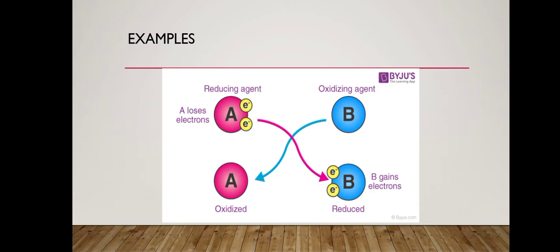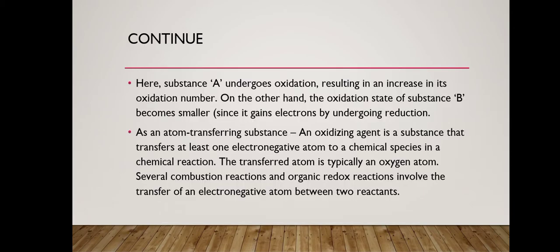So A acts as a reducing agent and B acts as an oxidizing agent because B gains electrons. Here substance A undergoes oxidation, resulting in an increase in its oxidation number. On the other hand, the oxidation state of substance B becomes smaller since it gains electrons by undergoing reduction.